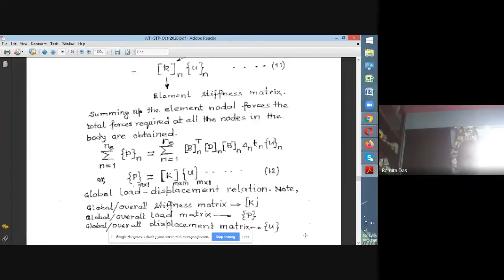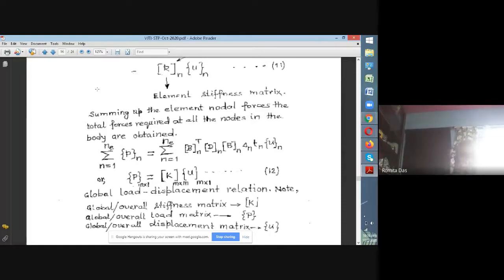What is this mechanism? I want to tell you that the stiffness matrix for each element is a square matrix. In the case of a triangle, you have 6 displacements, and the size of the element stiffness matrix is 6 by 6, so 36 terms are there.